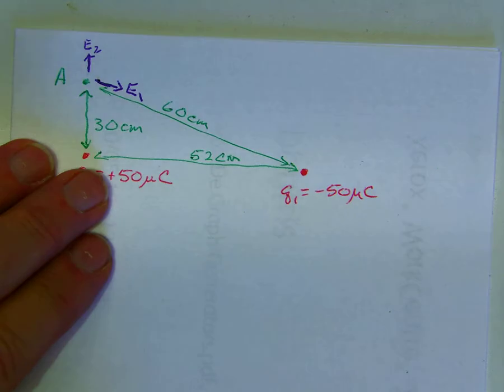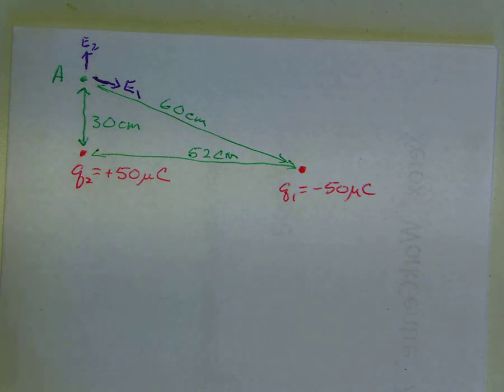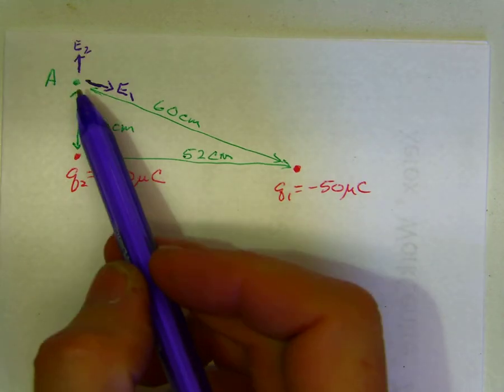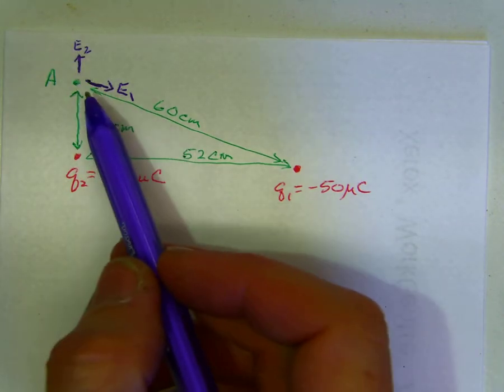E due to 1 is that way. Are those the only two things here that are going to affect the electric field? Yes. Okay. So we have an effect pushing it that way, and an effect pushing this way.